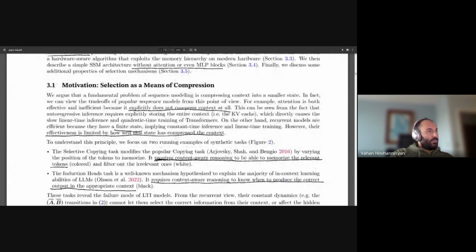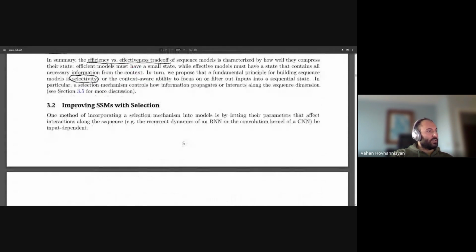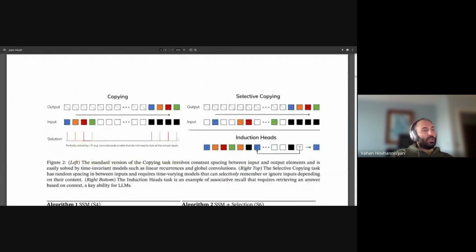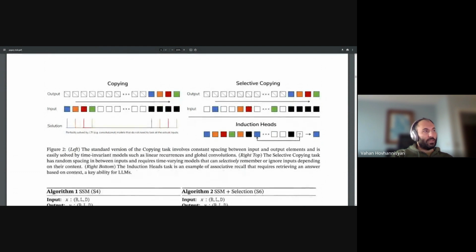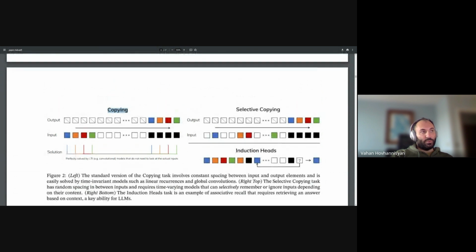Let's go down. We spoke about the motivations. They have an interesting example here, which motivates why this selection is useful. There is this copying task, which standard state-space models solve perfectly: you have these tokens here, and the task is to copy them exactly into these other points.